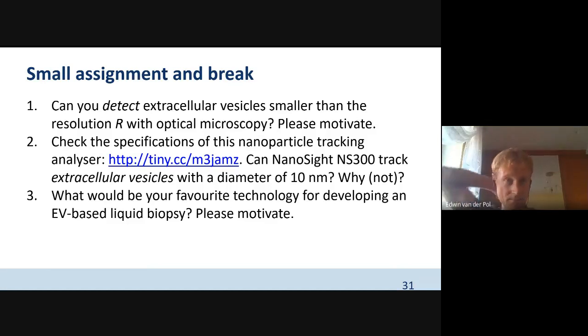Any more thoughts? Who had a different technology than flow cytometry? No one. All right. Any idea what are the smallest vesicles which you can detect with a flow cytometer?